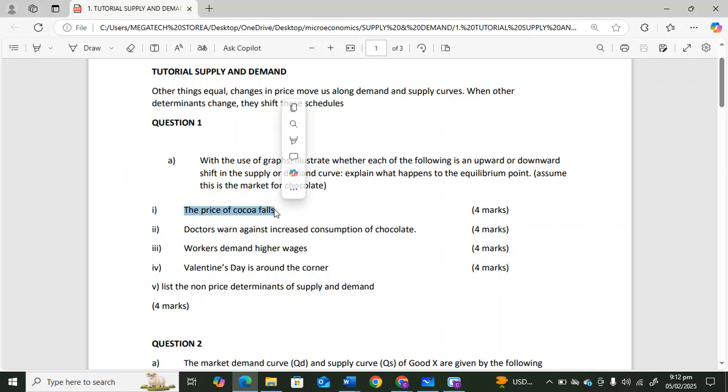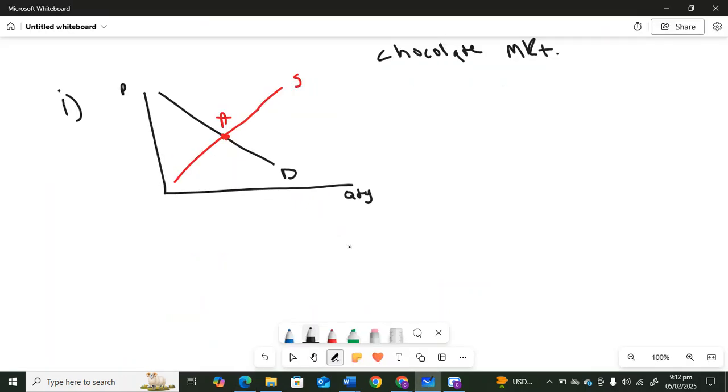So I was saying, when the price of cocoa falls, for this question we were dealing with the chocolate market. Yes, because the firms can buy more raw materials.